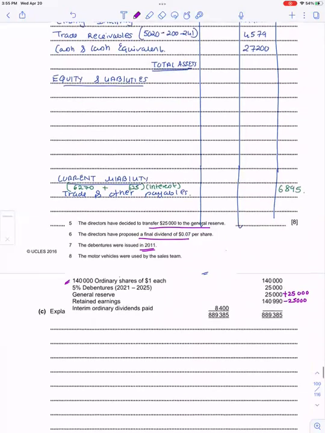We are in 2014-15, right? So when you write debentures now, you will write 2014 to 2025. इसका मतलब ये that you have to change the information. Motor vehicle was used by the sales team. That is it. चलो equity and liability section में how much you will write in equity?